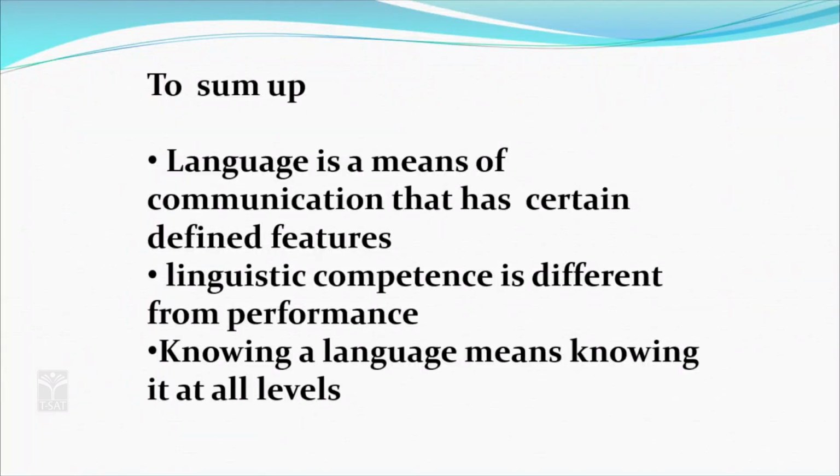In this session, we have attempted to define language and we have attempted to show the difference between human language and the language of birds and animals, and we have identified language as a means of communication that has defined features, and linguistic competence is different from communicative competence or performance.